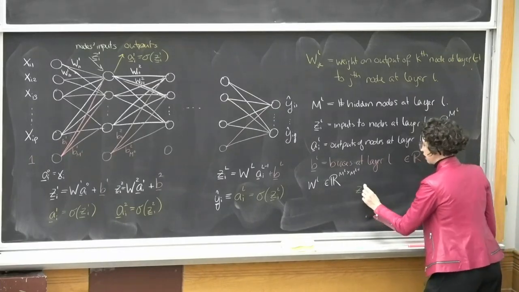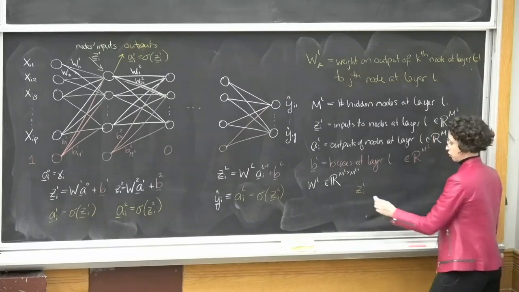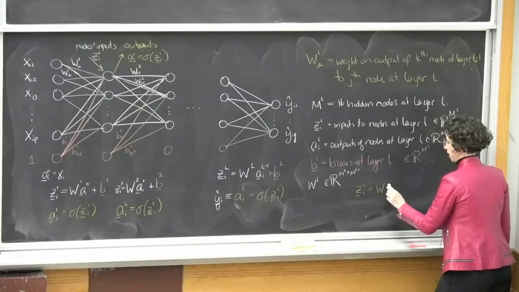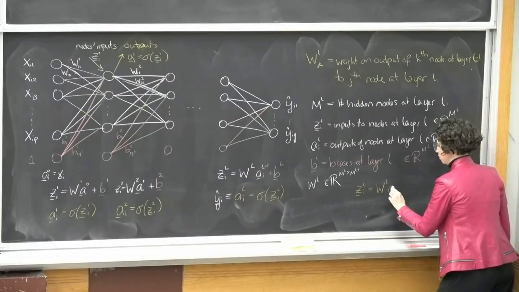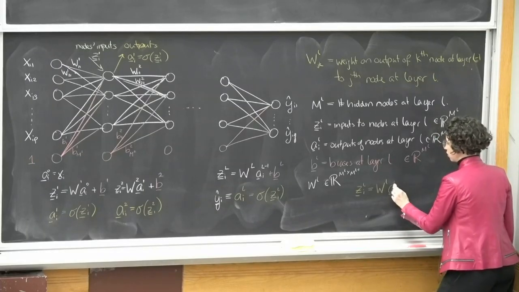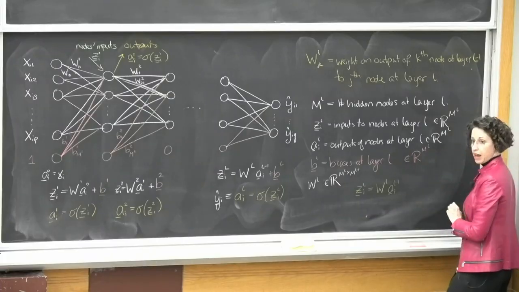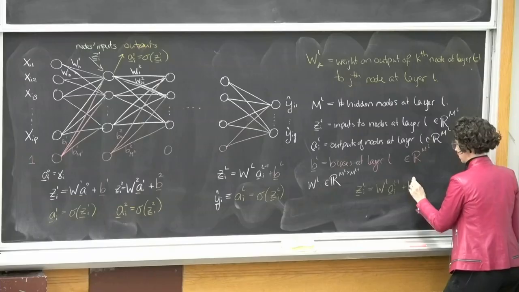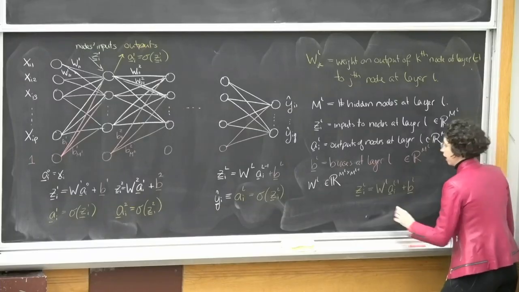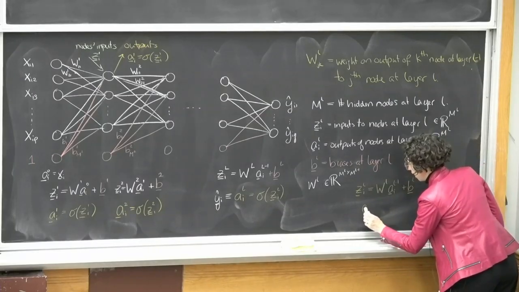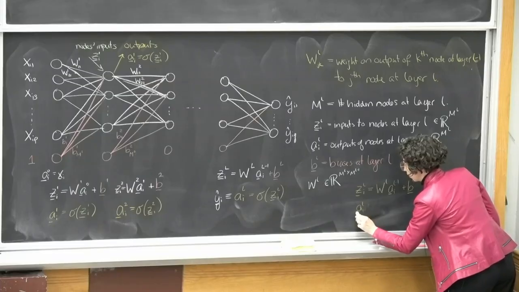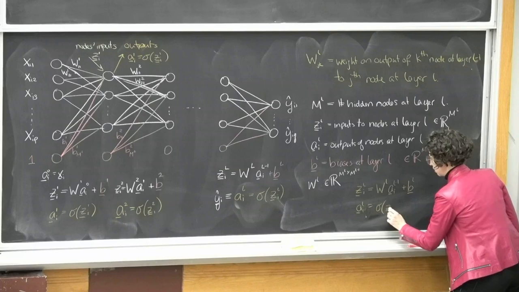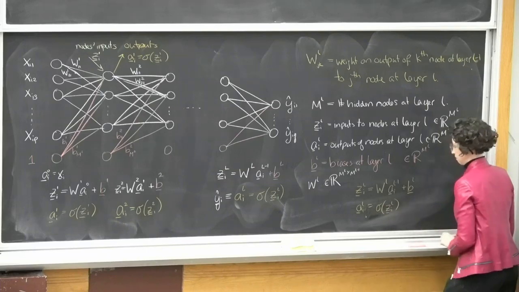So Z for layer L and training sample i is going to correspond to taking W^L and multiplying it by the vector of outputs from the previous layer, A_i^(L-1), and adding to that my biases b^L. And then A_i^L is equal to simply my nonlinear activation sigma applied to Z_i^L.